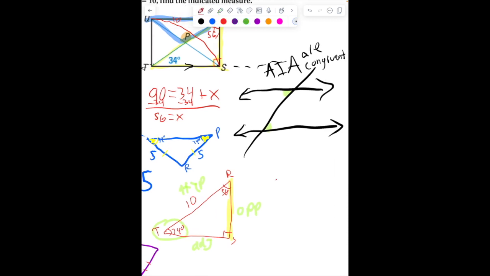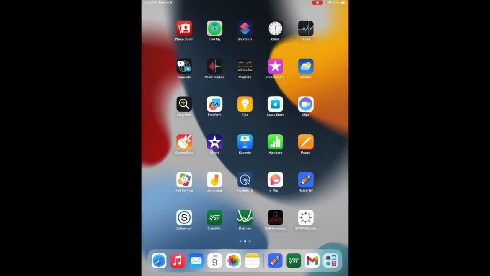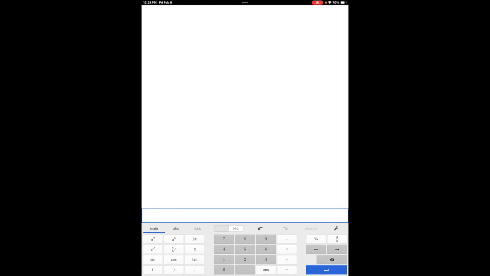So that is sine of 34 equals, let's call it x, over 10. To get it by itself, 10 sine 34 equals x. x is really RS. Let's plug it into our calculator. 10 sine 34, we get 5.59.